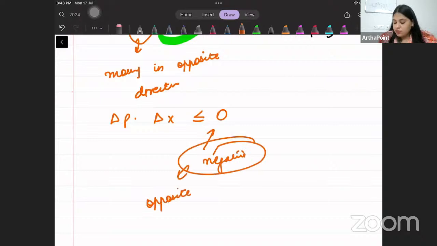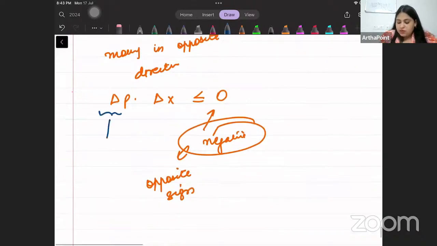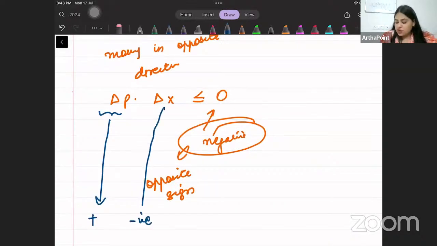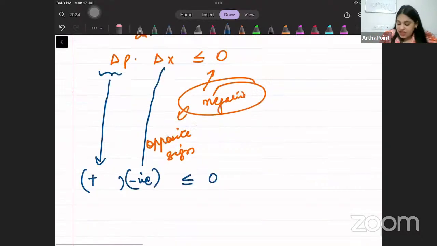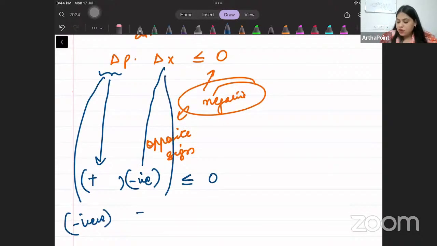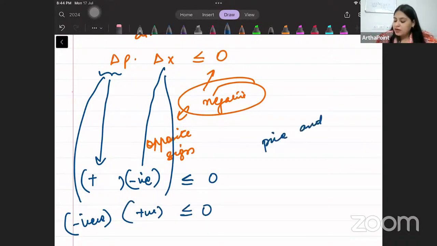If this is positive, this must be negative so as to make the product negative. And if this is negative, this must be positive. So price and demand move in opposite direction.